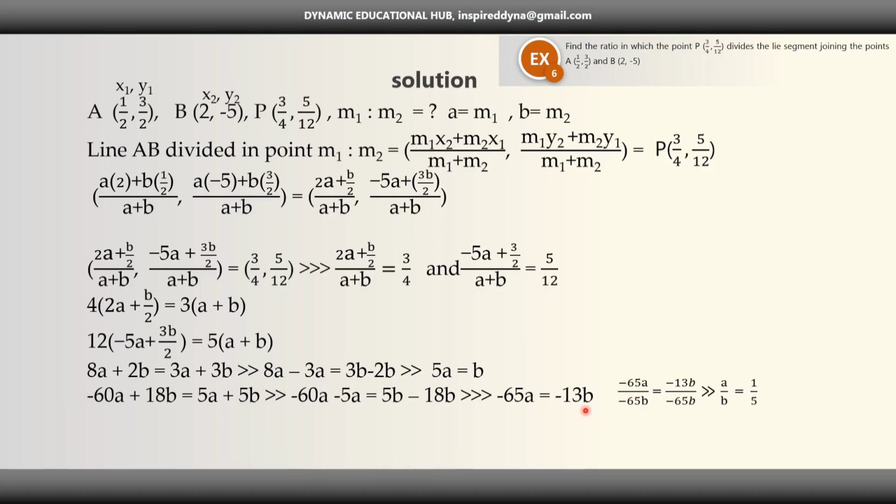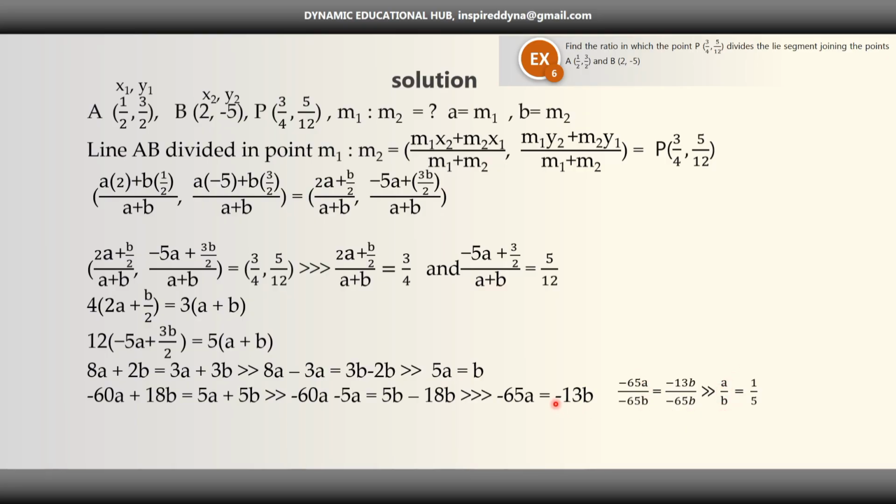Now you want to bring B as your denominator. So you divide both sides by minus 65B. Dividing minus 65A by minus 65B, we cancel minus 65. So you are left with A over B here.